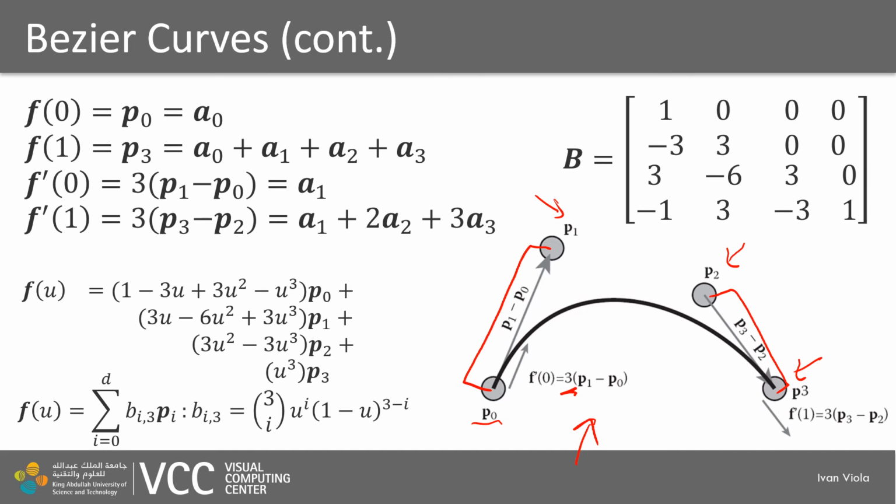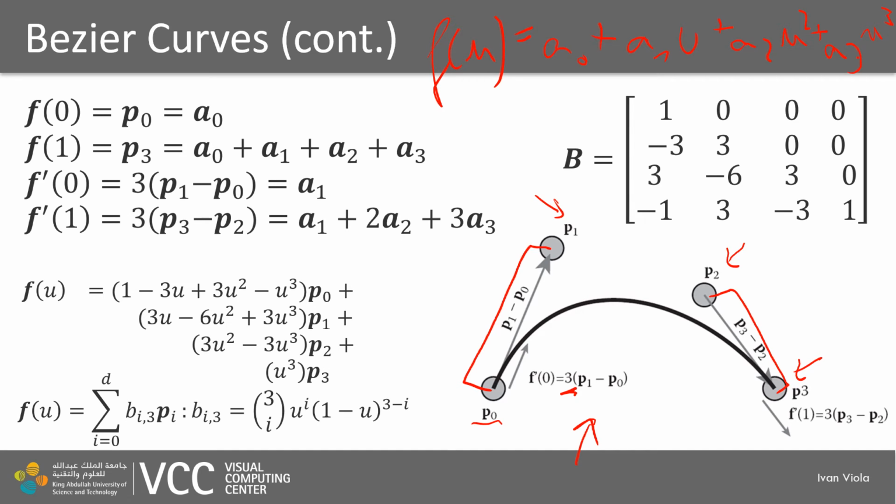But for now, let's take that as defined, and we will have a look at our description of Bezier curves algebraically. As a cubic, the f(u) will be equal to A0 plus A1u plus A2u squared plus A3u cubed.